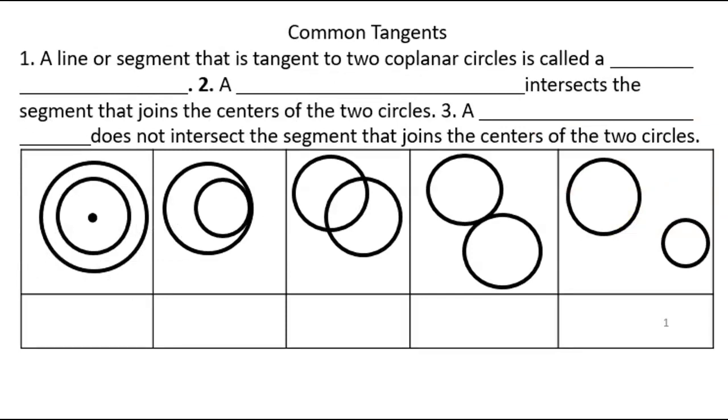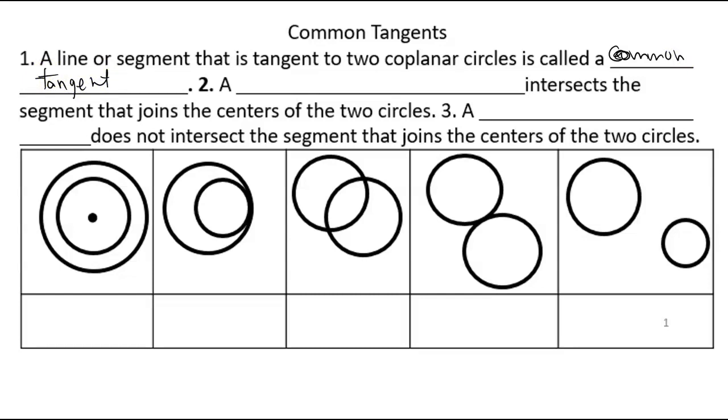We have common tangents. So a common tangent is a tangent that is tangent to both circles. We have 2 types of common tangents.